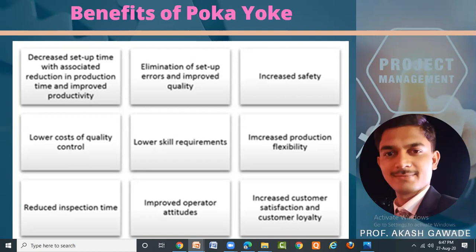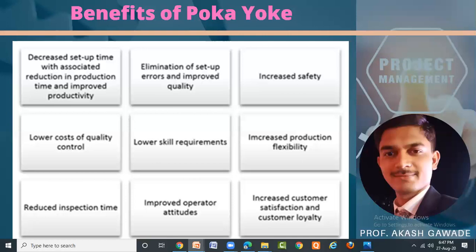Increased safety: if you are delivering the right quality of material to the customer, or implementing some device in such an area, employee safety is a must. In addition, quality standards also need to be maintained.